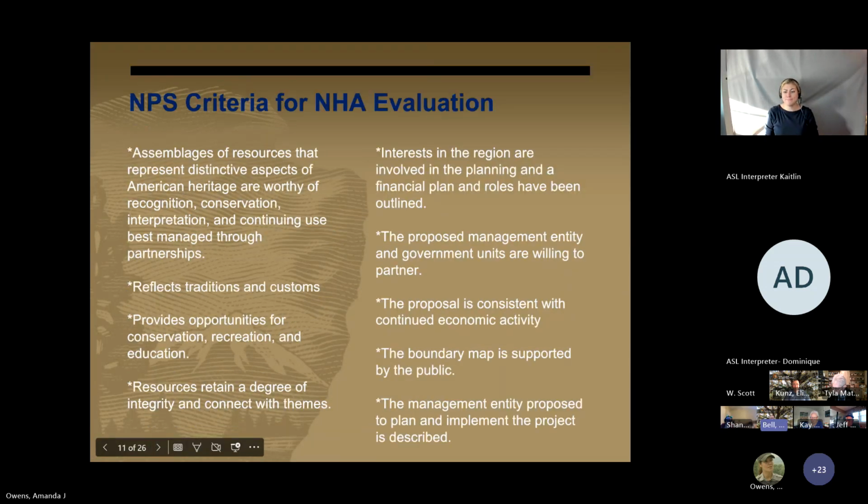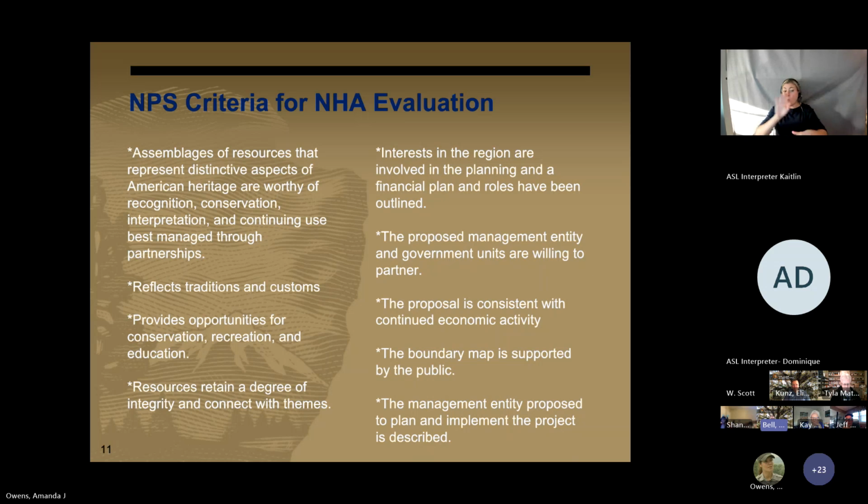As we move through this study, part of what we're looking at are 10 criteria. If an area meets these criteria, then we recommend that it has the potential to become a national heritage area. We've summarized those 10 criteria here for purposes of this presentation, but you can find all of them on the project website.